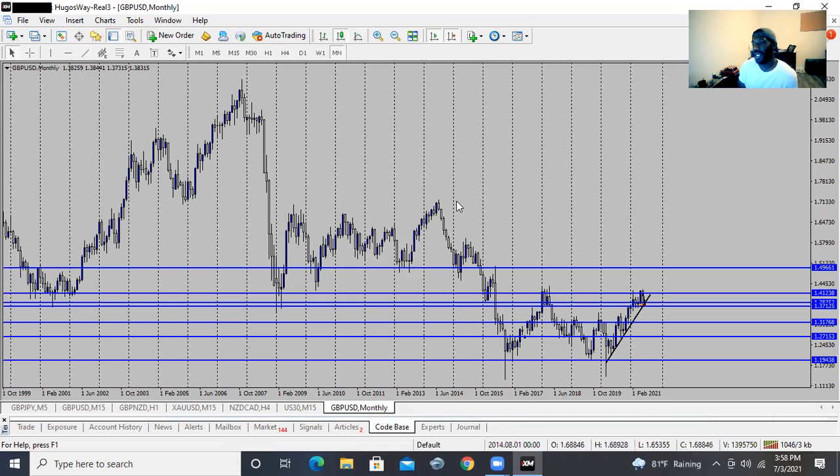So that's 6 years of consolidation, February 2009 all the way to June 2014. To break this low, 6 years of consolidated range all the way to October 2015, that's a long time, and that's a major level of support.